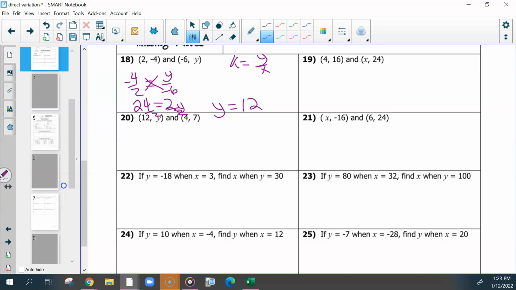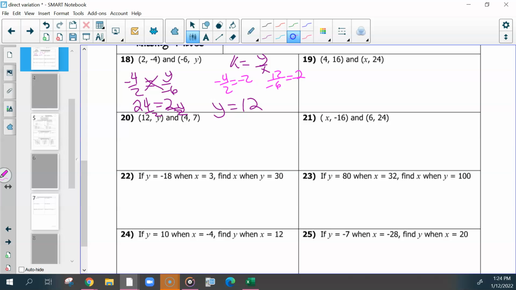To make sure this works, the constant would need to be the same on both sides. So here we have negative 4 divided by 2, so that would give us negative 2. And if we put our y value back, we have 12 divided by negative 6, which would also give us negative 2.